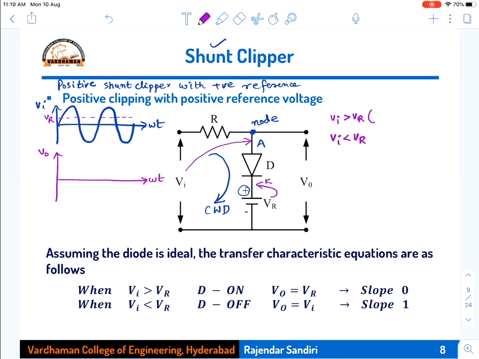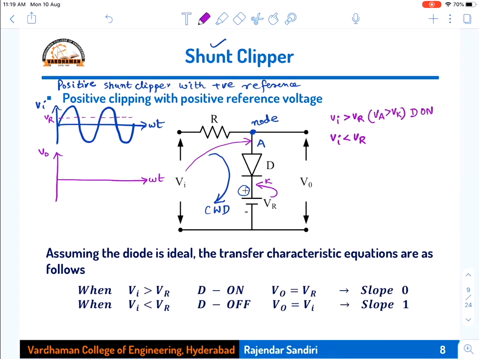Now Vi greater than VR is nothing but V anode greater than V cathode. Is the diode on or off? The diode is on. Vi is greater than VR, diode is on.